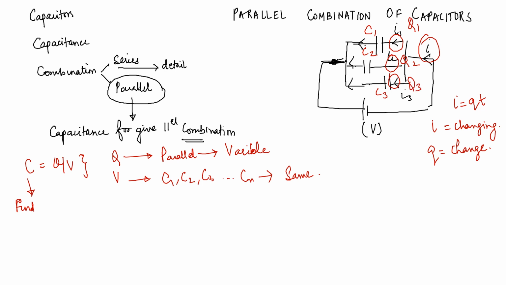But the voltage coming from here passes through this whole system in the form of the same voltage, that is V. Voltage, or the potential difference, is the same across all capacitors C1, C2, C3, any of them.